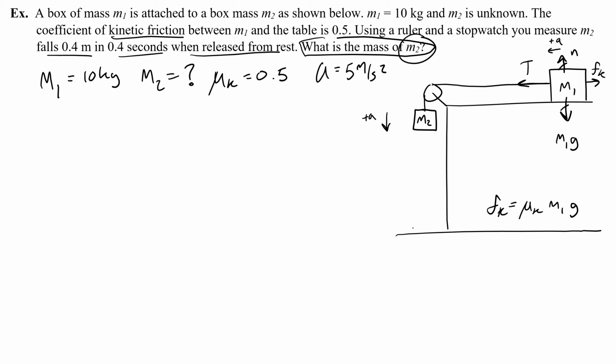Now for m2, it's going to have tension up and the weight, m2 times g down. Okay, so let's write our system of equations. What are we going to get from this?